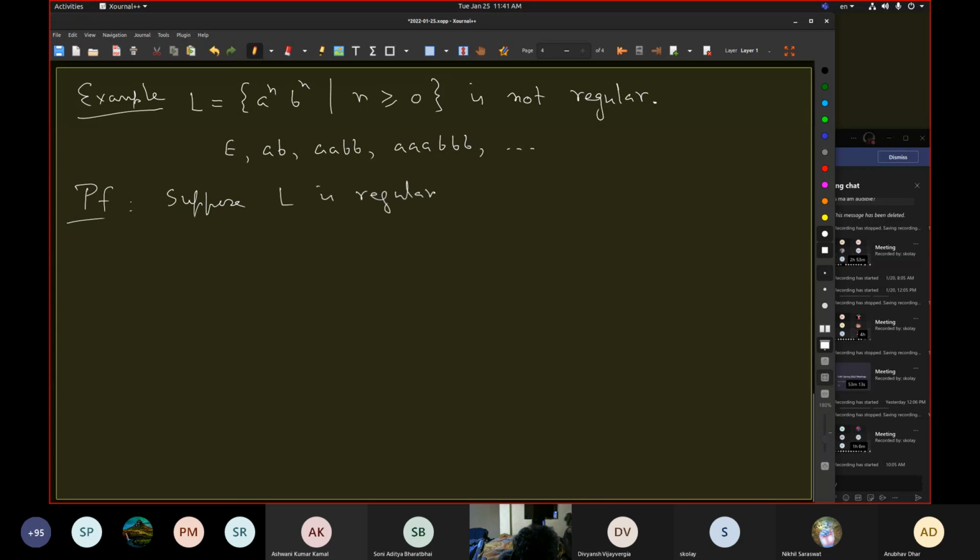Then I have a DFA D accepting L, and K is the number of states in D. So I have to produce a string W of length at least K. So I can take this string.